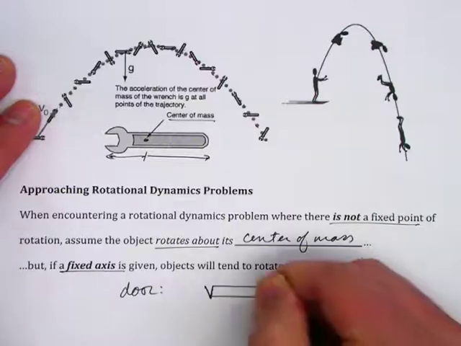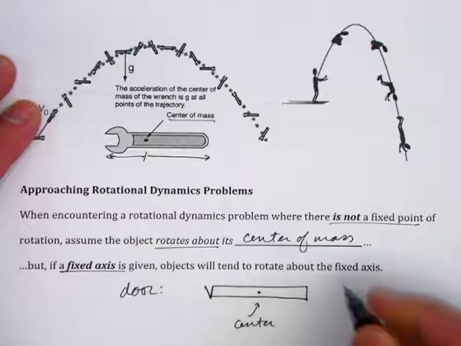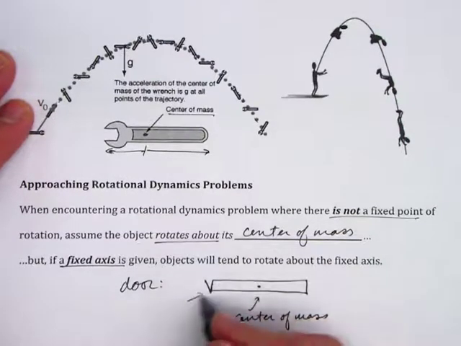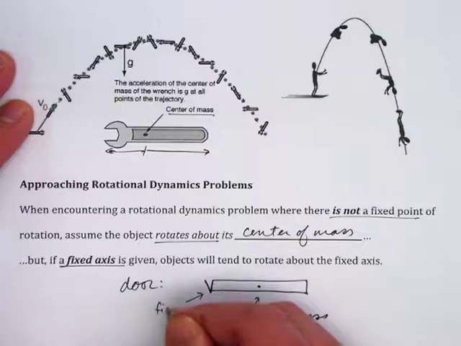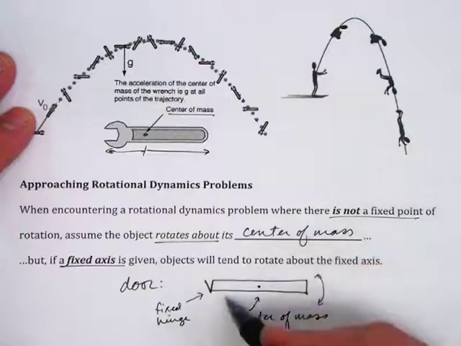Now the center of mass of the door is through the center of the door, but there's a fixed axis here, and that's the hinge.